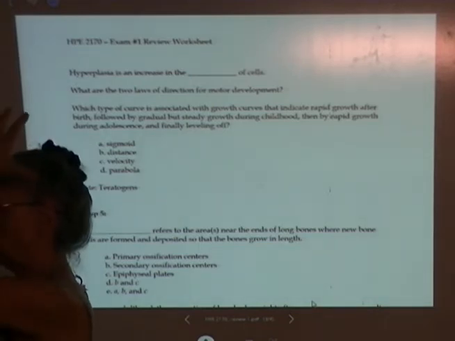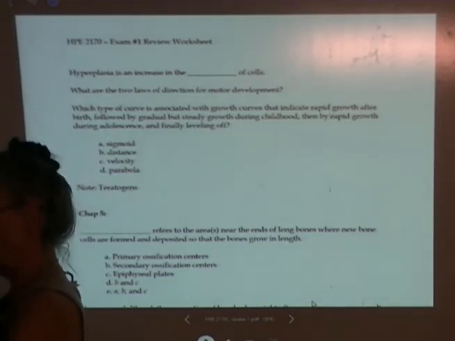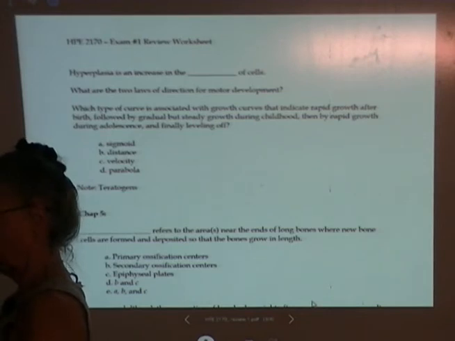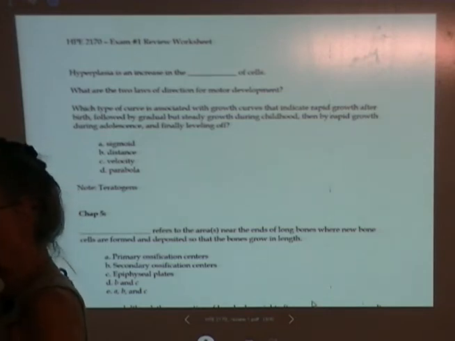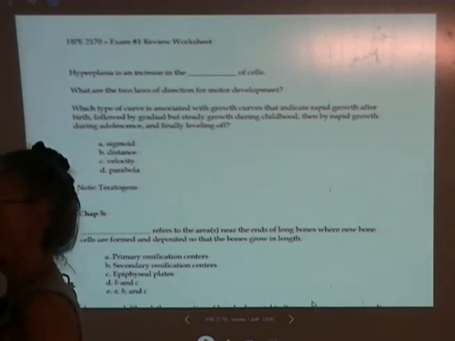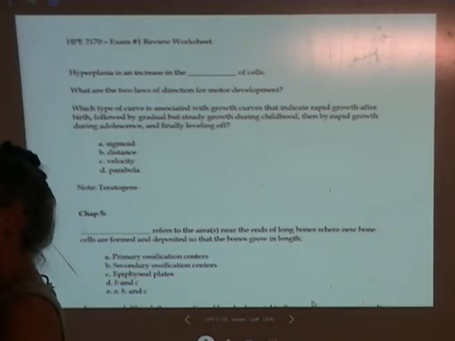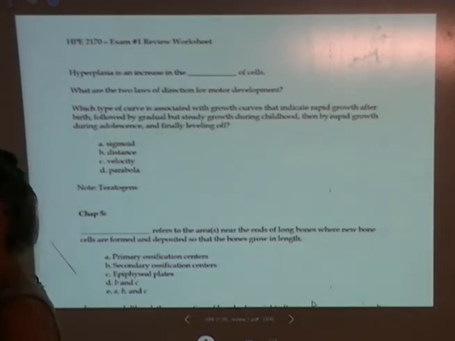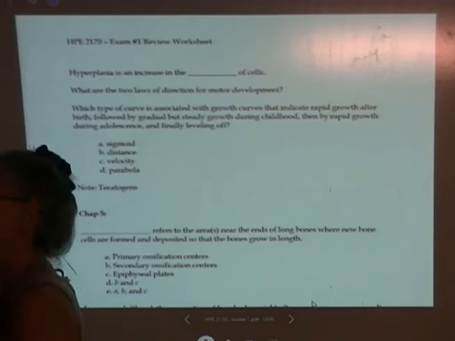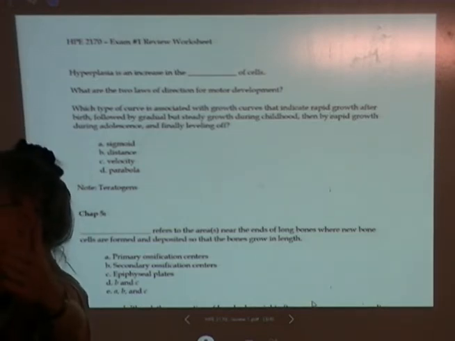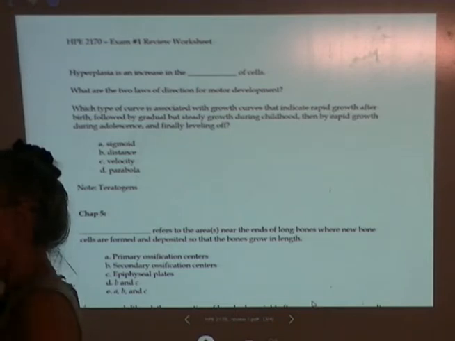We develop from the top down. Okay? Law number two is proximodistal. Again, you don't have to remember the fancy term, but you've got to remember it's from the midline outwards. Okay?